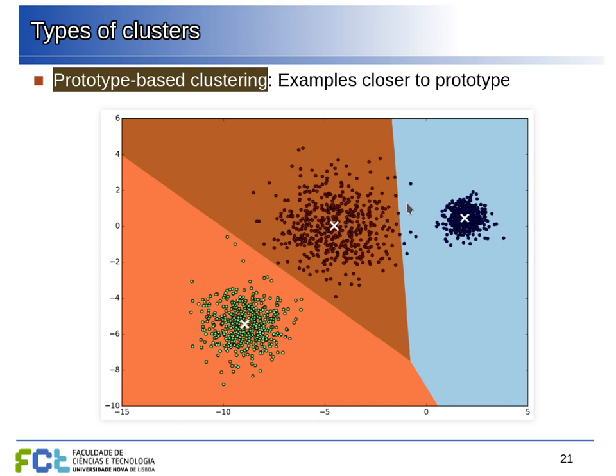So if we assign each point either to this cluster or this cluster based on the distance to the prototype, then we are separating the two clusters in a straight line here. All the points here to the right will belong to the blue cluster, and all the points to the left to this brown cluster here.